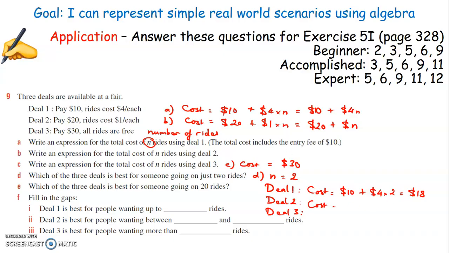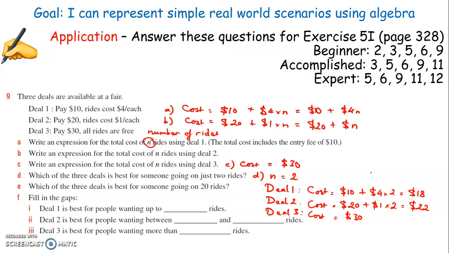For deal number 2, it's going to cost them $20 to get into the fair, and then $1 for each of the rides for 2 rides. So we have 20 plus 1 times 2. So 1 times 2 is 2. 2 plus 20 is 22. And then for deal number 3, it's going to cost them $30.